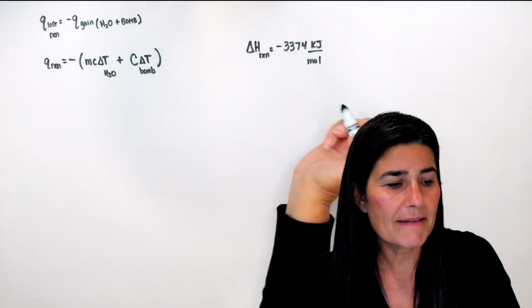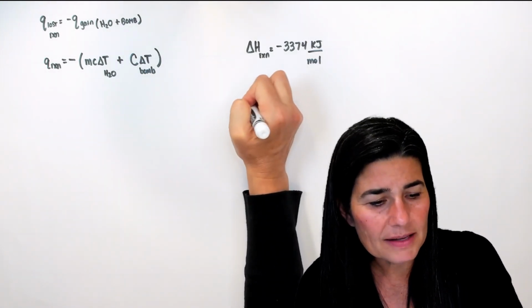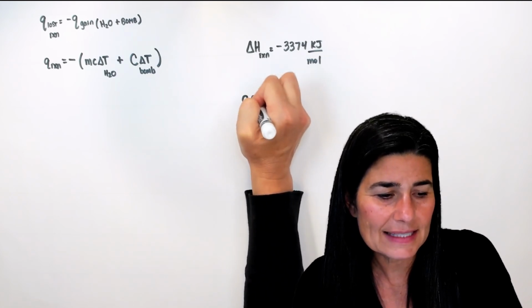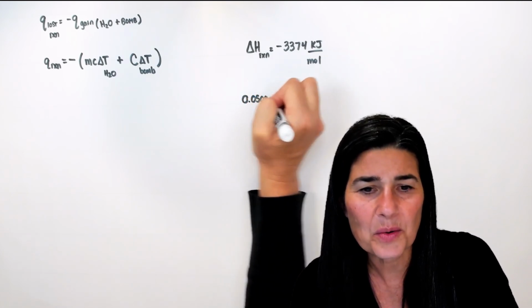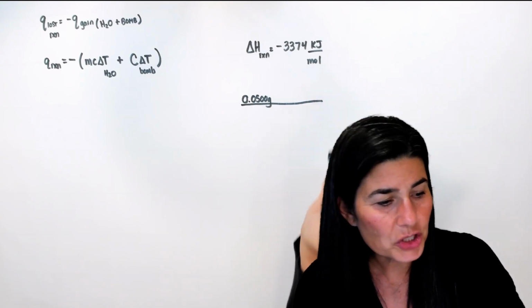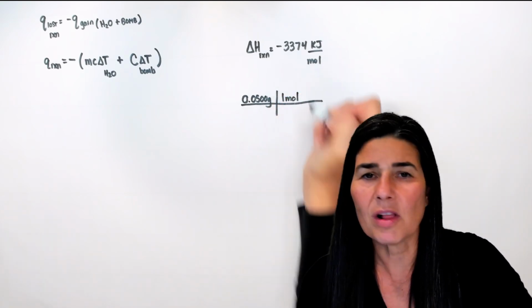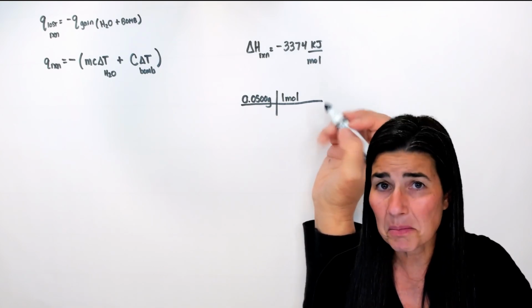We had a very small amount of TNT. Our sample was 0.0500 grams. Now, for our trinitrotoluene, it turns out that 1 mole of TNT has a big molar mass.